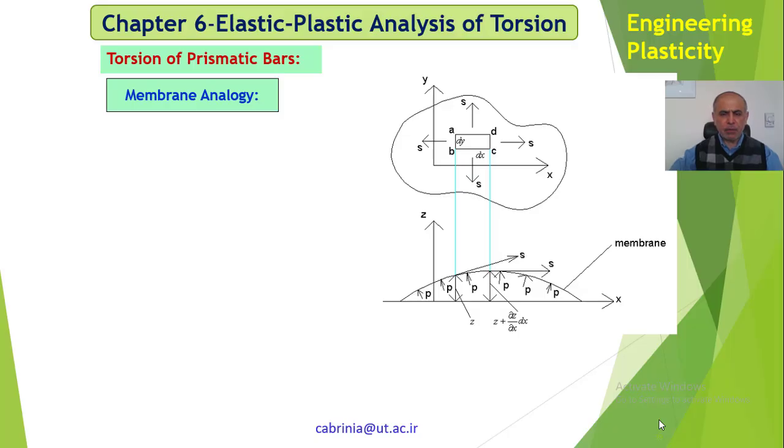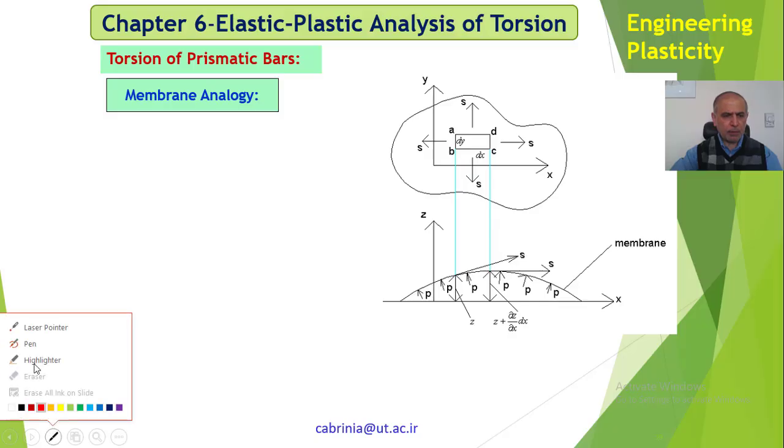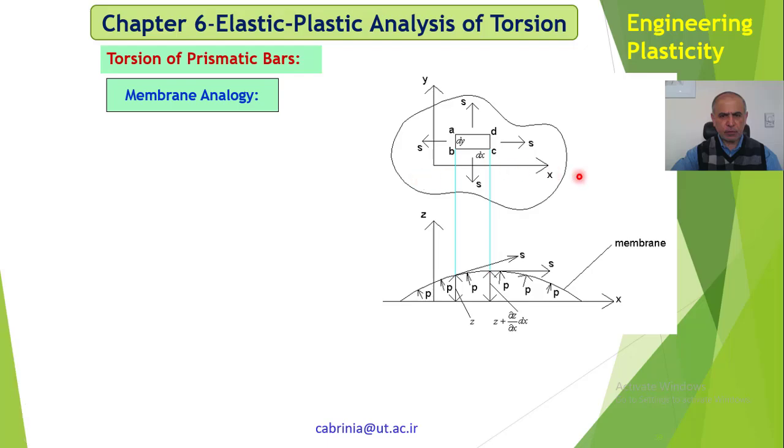In here we have this membrane which is very thin. This is a membrane in the XY plane, and it is plane and flat. That's the membrane in the XY plane, and that's the Z. And then we put pressure onto this membrane.